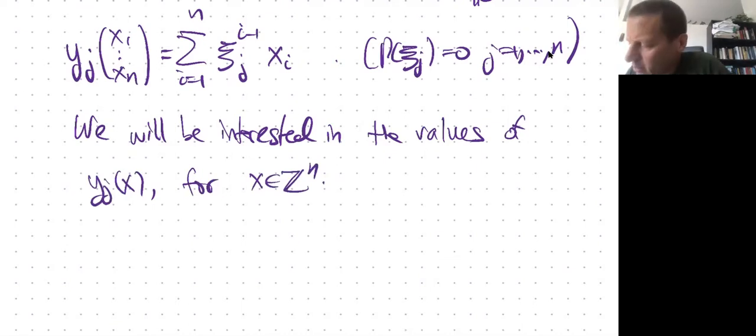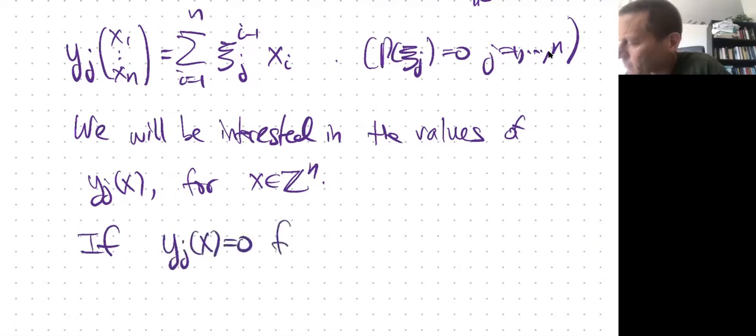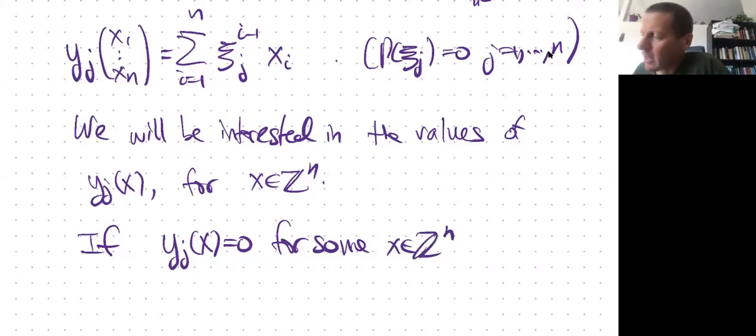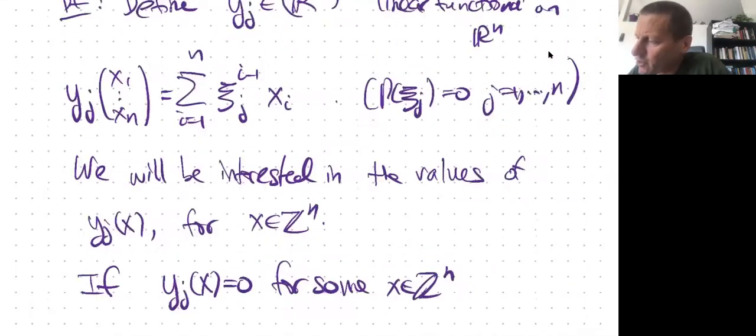And so let's first talk about the situation where one of the yj's vanishes. So if yj of x is 0 for some x in Zn, let's go back to the definition of yj.